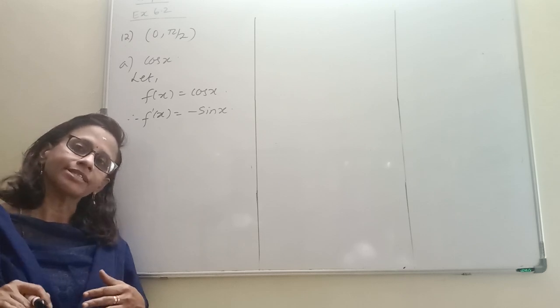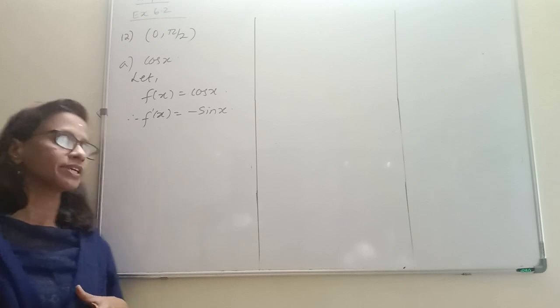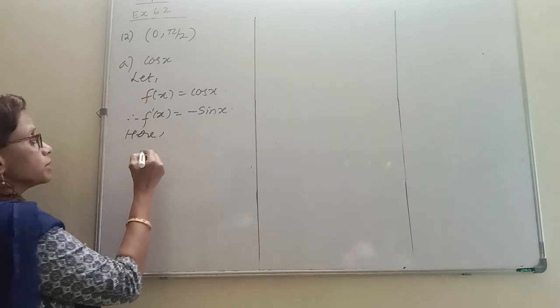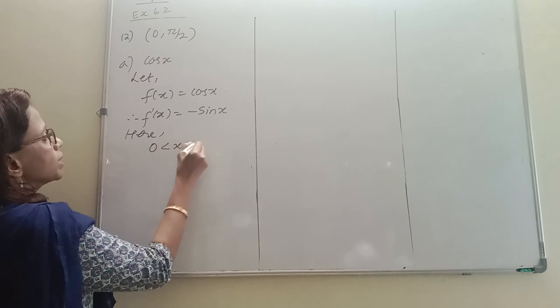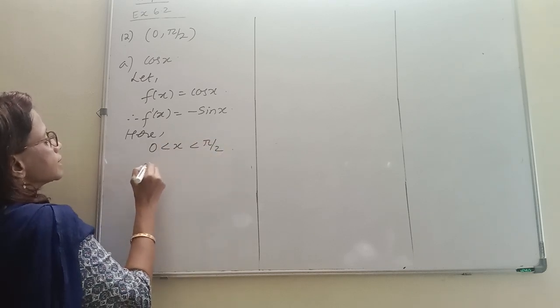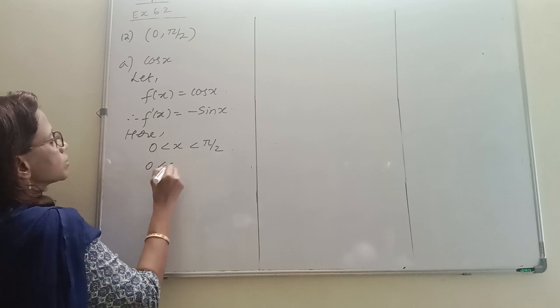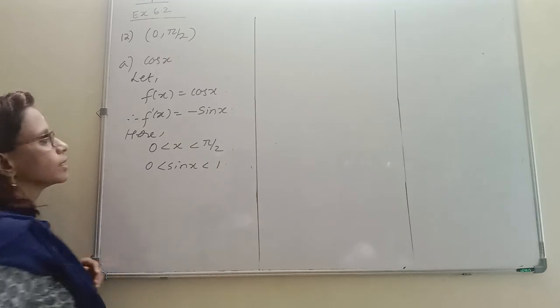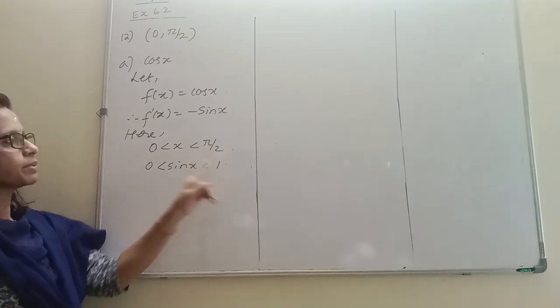They're all positive. So between 0 to pi by 2, sin values are positive. Obviously, minus sin x is therefore going to be negative. When x is between 0 and pi by 2, sin x is between 0 and 1. Sin 0 is 0 and sin pi by 2 is 1.